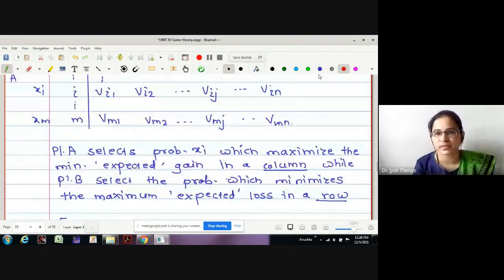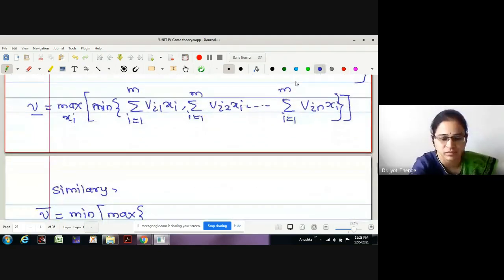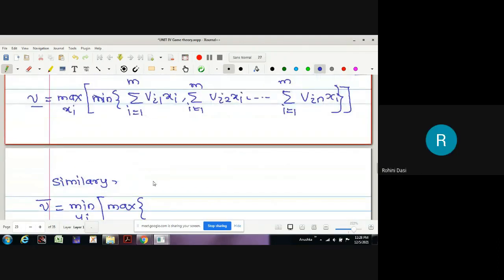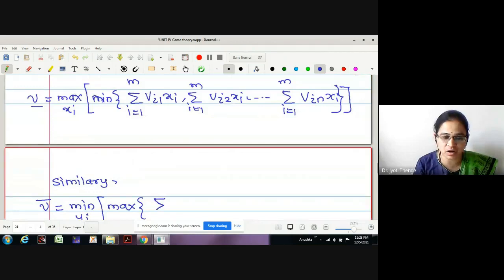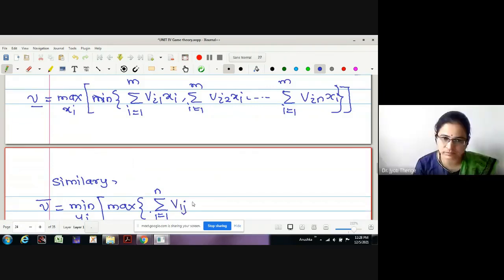Okay. So let me write down the expected losses. Shall I write directly in terms of summation itself? Yes, ma'am. Okay. What will be the summation now? Summation is now summation over j from 1 to n, v1j xj. Sorry, y we have to take.